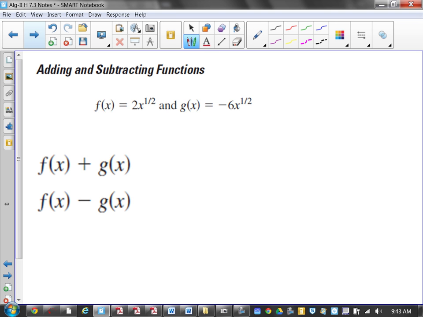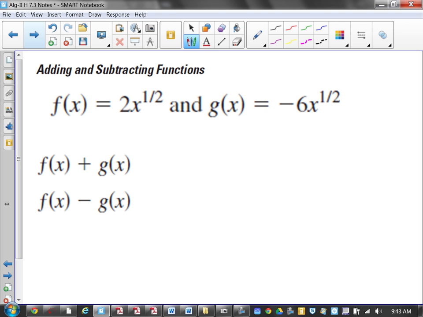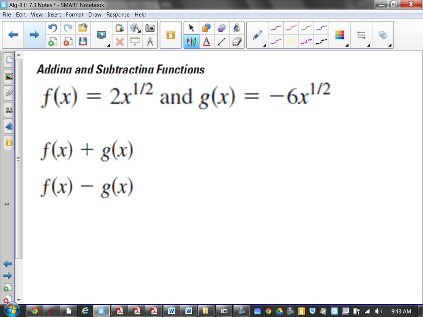So it works the same way with stuff like this. If we have our 2 functions, f of x is 2x to the half and g of x is negative 6x to the half, and I want to figure out what is f of x plus g of x, or what is f of x minus g of x, all I am doing is literally writing down the equations and combining like terms.